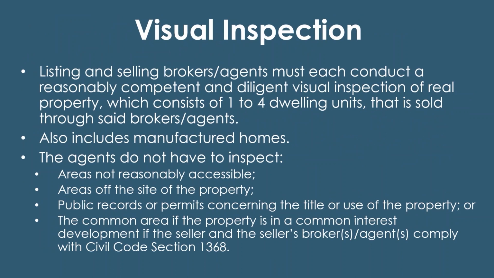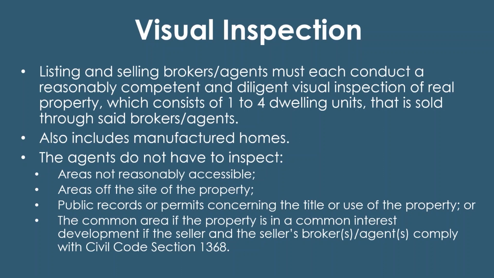So visual inspection. A little bit about it. The listing and selling brokers or agents must each conduct a reasonably competent and diligent visual inspection of real property, which consists of 1 to 4 dwelling units that is sold through said brokers or agents. This also includes manufactured or mobile homes, because remember the difference is based on the year that they were built.